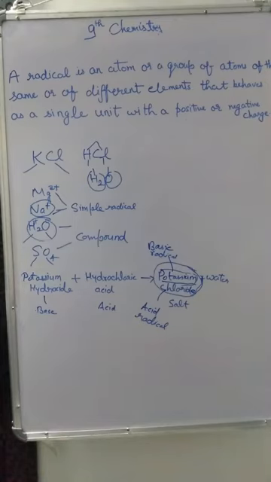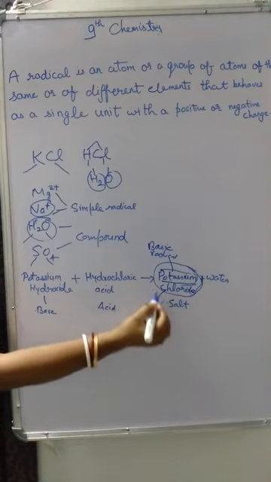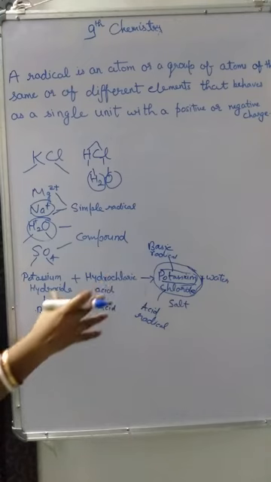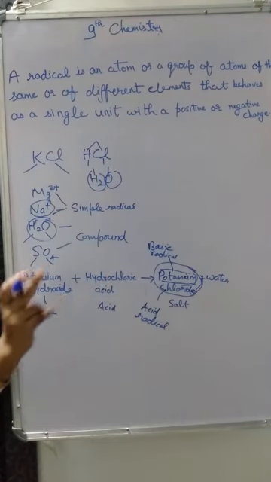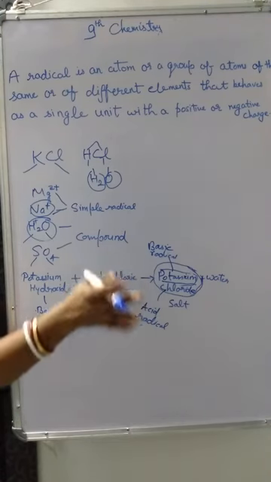So when a salt is dissolved in water, it splits up into constituent radicals. The basic radicals are found to carry positive charge, so they are known as electropositive radicals or cations, and the other part carries negative charge, and that is why they are called electronegative radicals or anions. So when any salt is dissolved in water, it breaks into two parts, a positive part and a negative part.